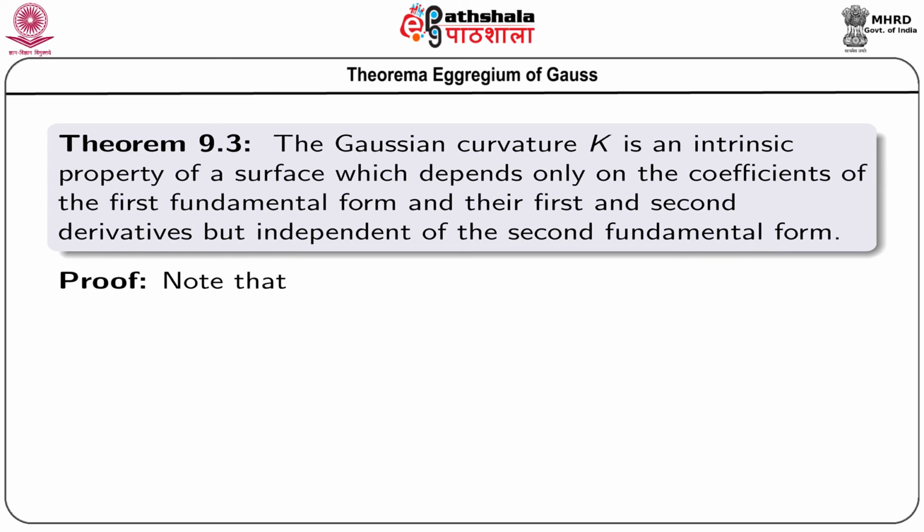So, in our earlier chapters we have defined Gaussian curvature as R1212 by A. In this theorem we shall prove that one actually, that why this Gaussian curvature is R1212 by A.